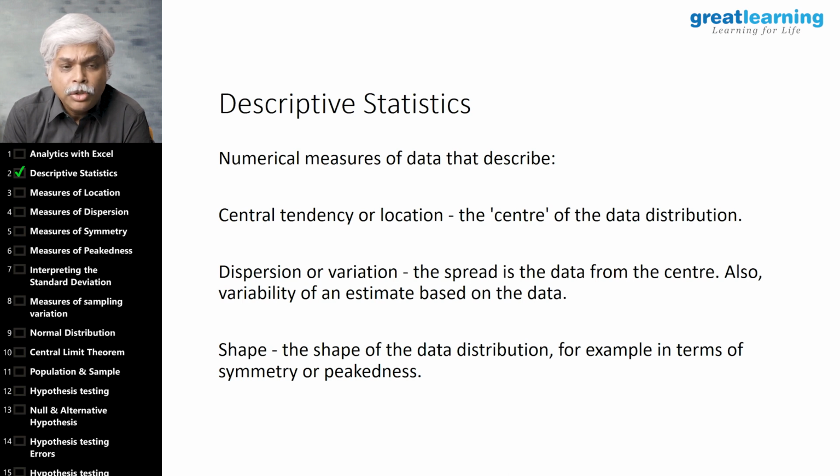In addition to that, we will deal with a very specialized notion of dispersion or variation that talks about when we compute estimates from data, for example, averages, then what is the variability of those estimates? And these two notions of variation or dispersion have interesting connections.